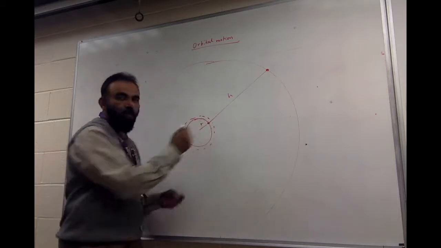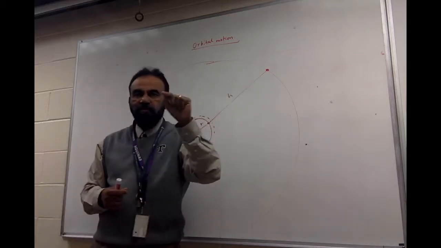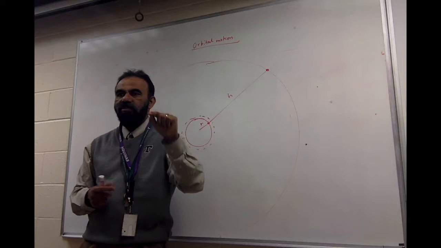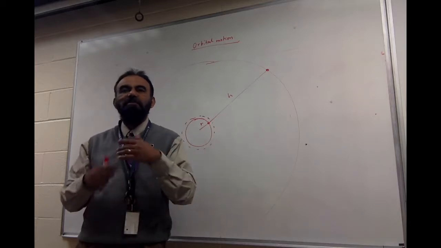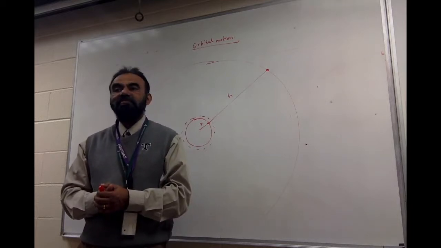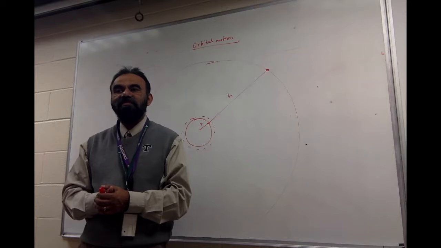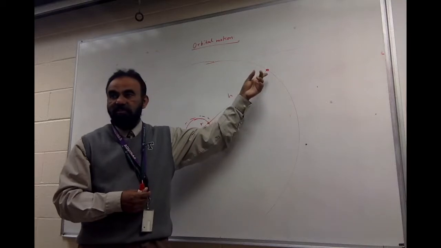Anything on the Earth is moving at a speed, and this one should be moving at the same speed. Is that right? Or what is wrong there? It takes the same amount of time to go around, but it's not the same speed because it's further out. Definitely it is not the same speed. It's faster because it's further out.